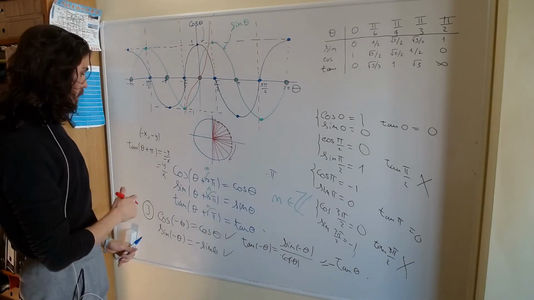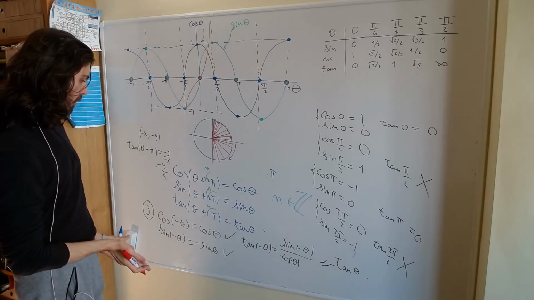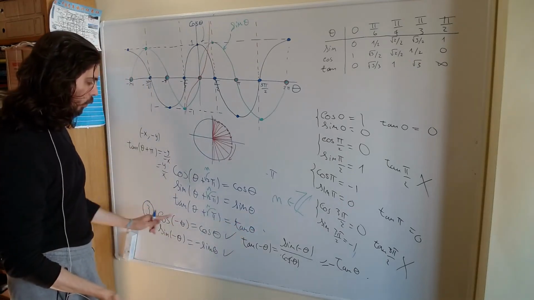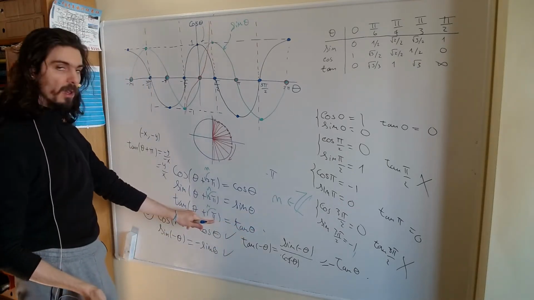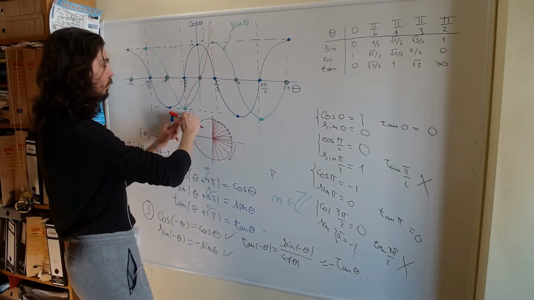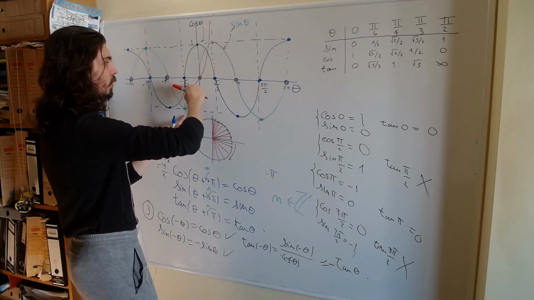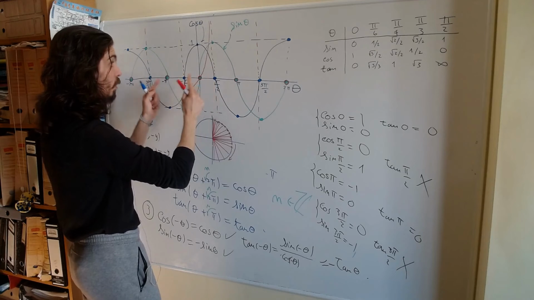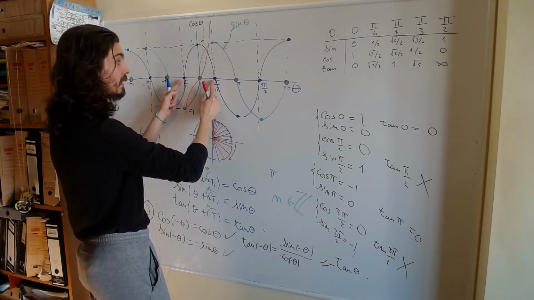Okay. Well, but we know that the tangent is periodic, right? So every single time you add pi or any multiple of pi, you get the same values. So if you start with these values from minus pi over 2 to pi over 2, and now you add pi, well, you get the same outputs.